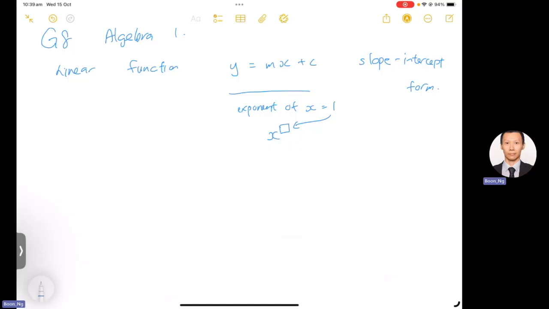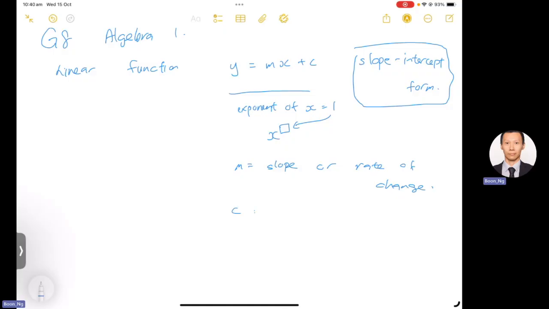When we write it y equal mx plus c, we call it slope-intercept form. They are different forms, and this one, the standard form, we call slope-intercept form. Now we need to define m, which, as we know, is the slope or rate of change.